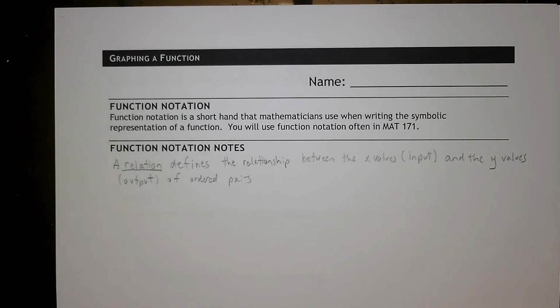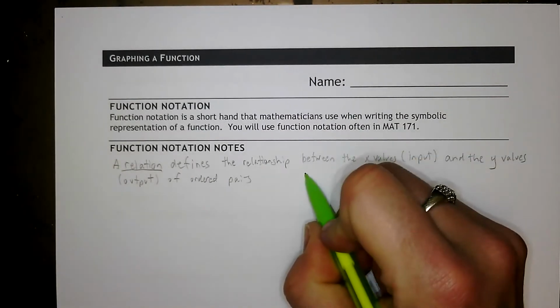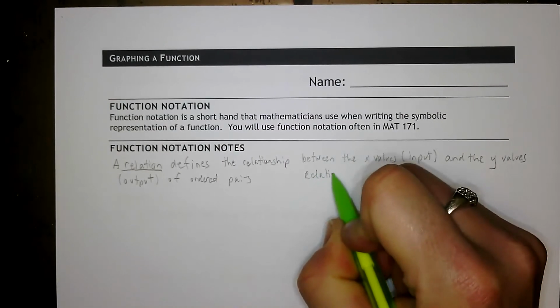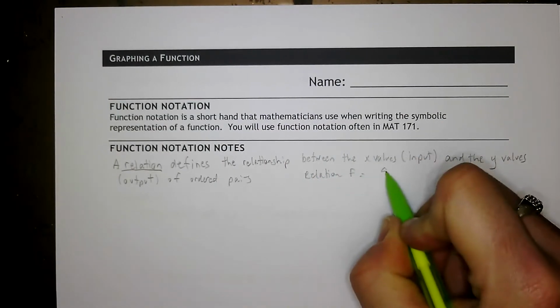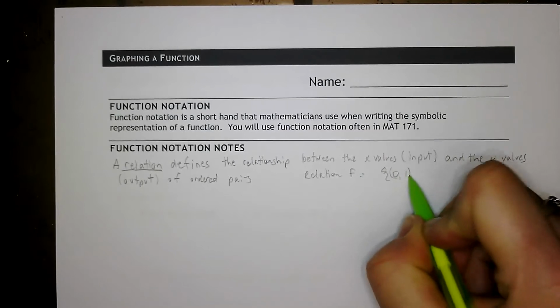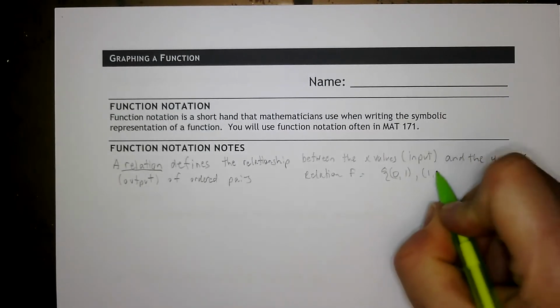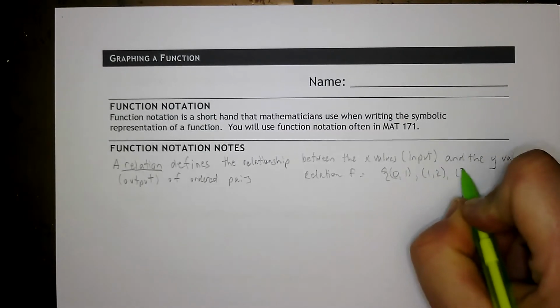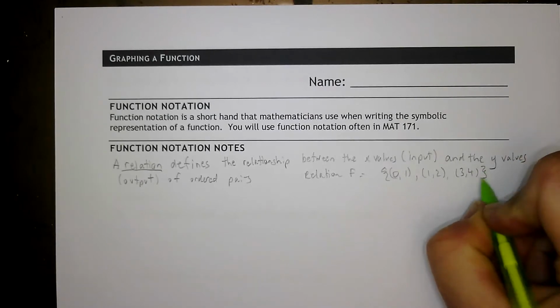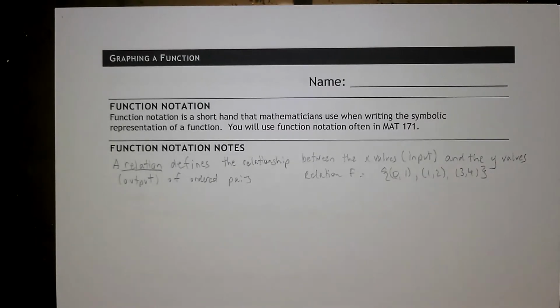So there are two different types of relations that we are going to talk about. Sometimes they can simply be a set of ordered pairs. For example, relation F could be just a bunch of points. So that is one type. It could be ordered pairs.